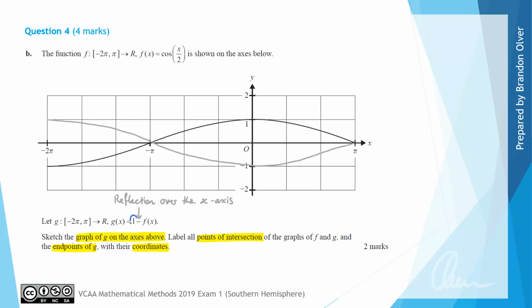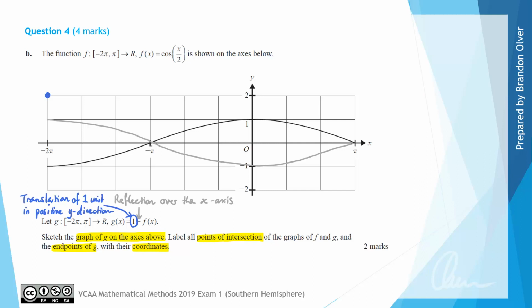And the next thing we have in this rule for g is the positive 1 that's just here. And what that is responsible for is a translation of 1 unit in the positive y direction. So now all we've got to do for this grey graph is translate it 1 unit up. So that means we're going to have an endpoint here. And because we've got square brackets, that's going to be coloured in, that's going to be included.